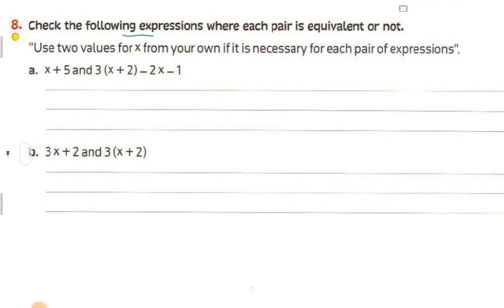Check if the expression in each pair are equivalent or not. I need to know if they are equivalent or not. Use values for x of your own. You choose any number if it's necessary for each pair of expressions.